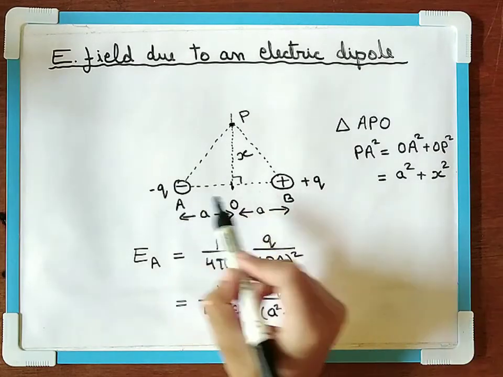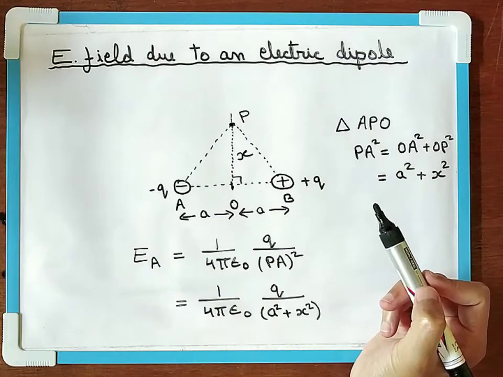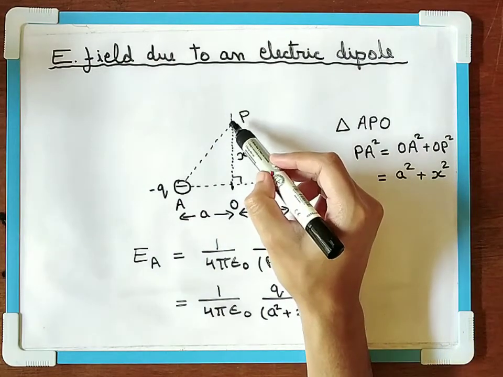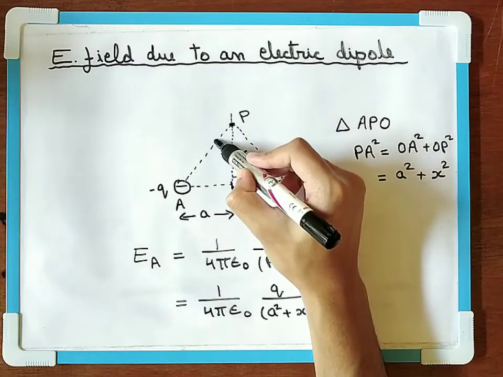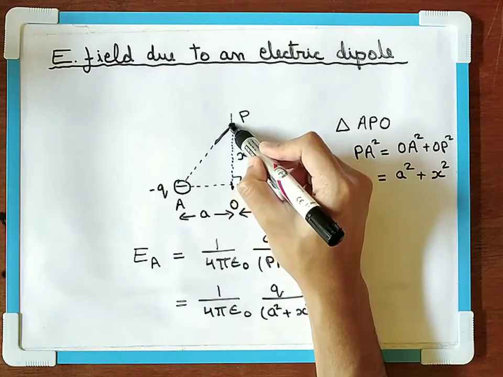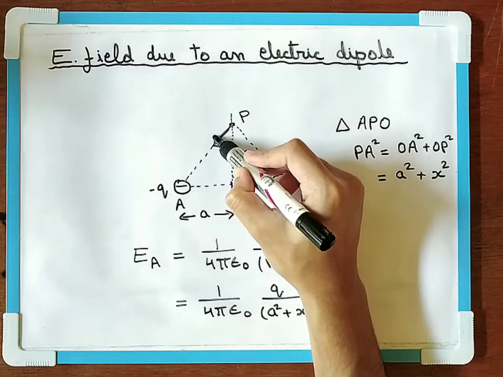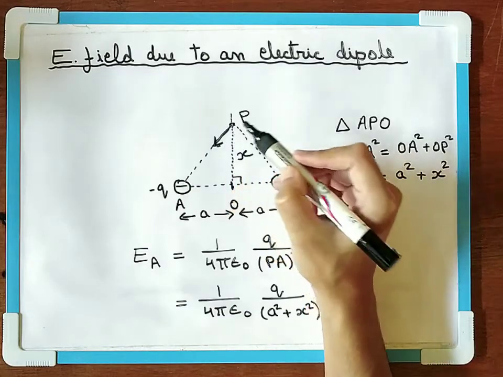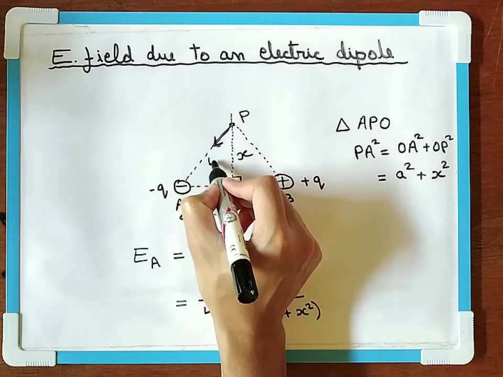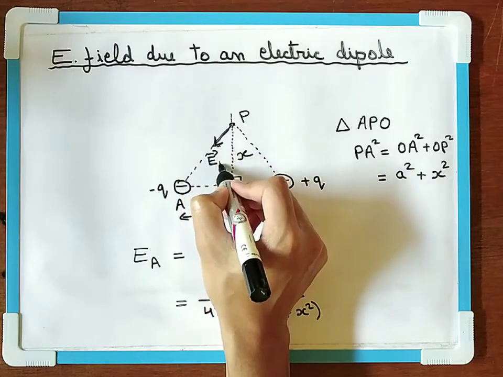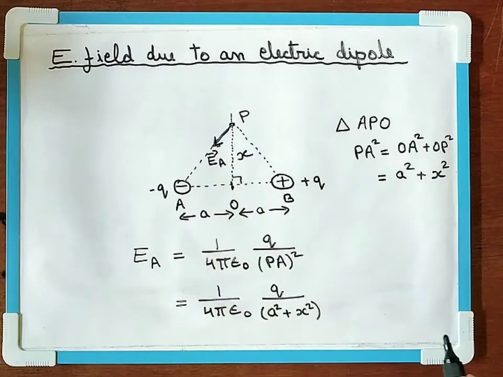So in this case, EA will be directed towards the negative charge minus q. So the electric field at point P due to the charge at A is directed towards the negative charge. So here we have P. The electric field EA is directed from P to A.